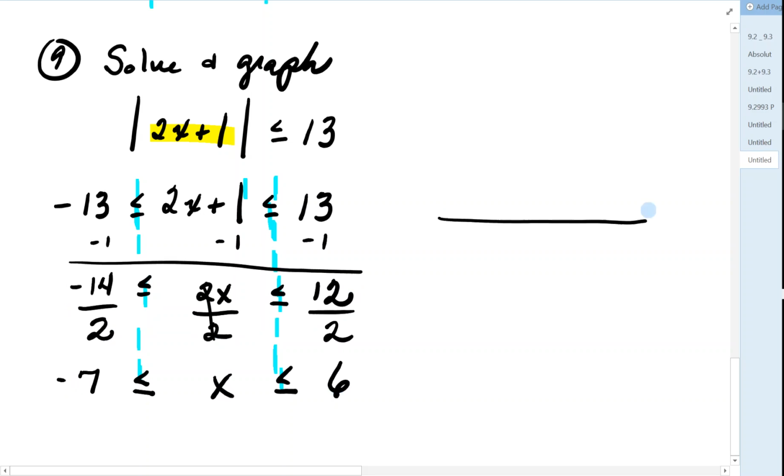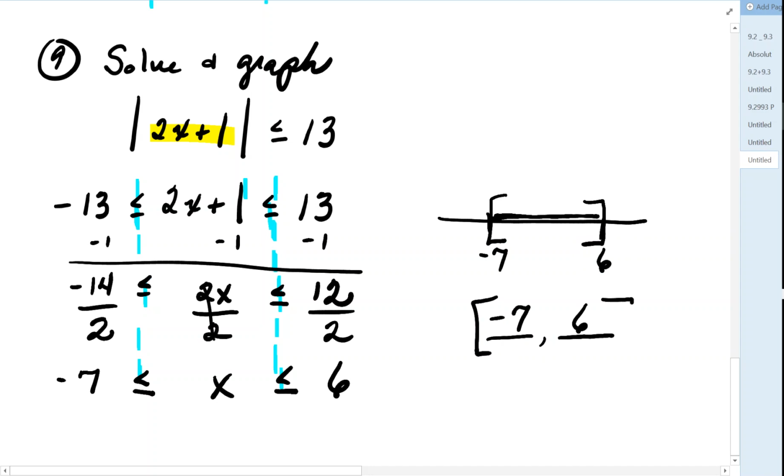On a number line, that is between -7 and +6. But because it does have equal as part of it, I will use the bracket. Then interval, once you're looking at the number line, the intervals are easy. It is from left to right, -7, 6. Because they are included, equal sign over here, I will use brackets.